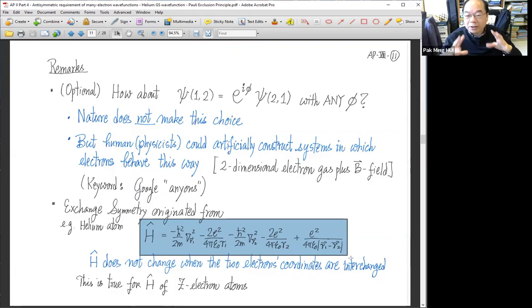I avoid such a discussion here. I just want to make sure that you have this sense. Interchanging two indistinguishable particles, the wave function has some relationship, and for electrons, it is antisymmetric with respect to this operation. That's enough for our purpose, okay?